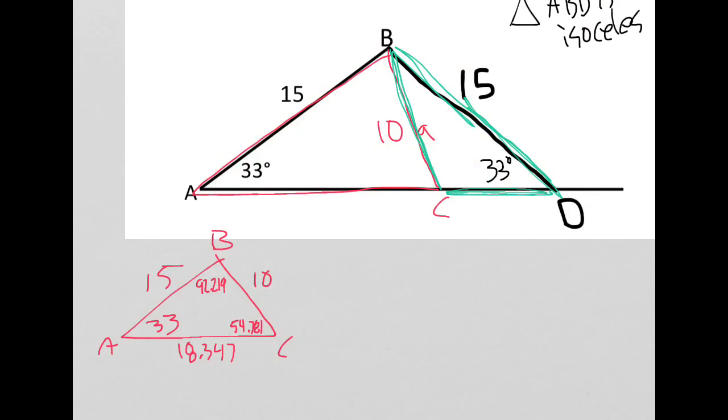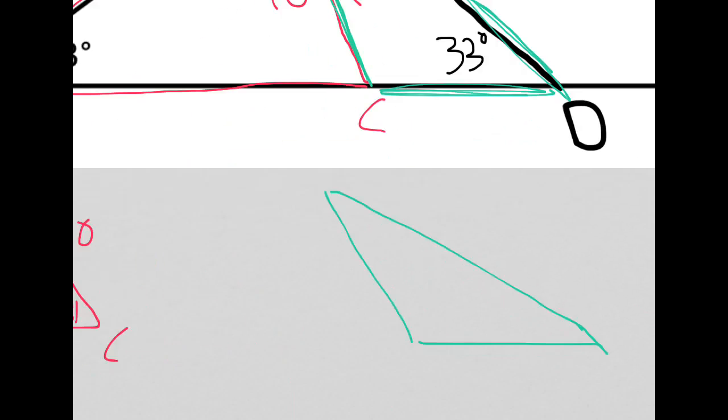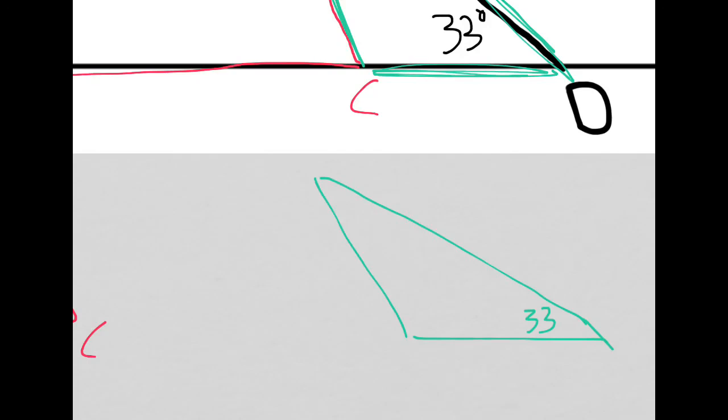Clearly totally different triangles. What's going on there? Same starting conditions, different possible triangle. Well, let's solve this green triangle and see what happens. We've got that 33, we've got the 15, we've got the 10, and that's all we know.